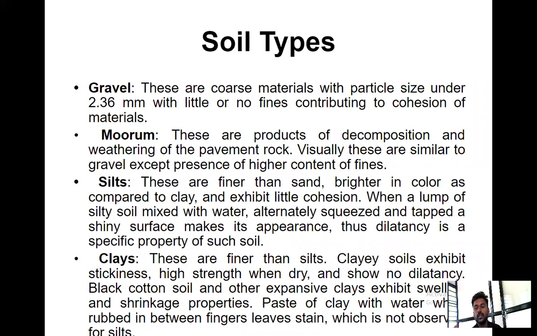The paste of clay with water, when rubbed into the fingers, leaves a stain, which is not observed in silty soil. When we take clay soil, it will stick to our fingers and leave a stain, but that is not observed in silty soil.